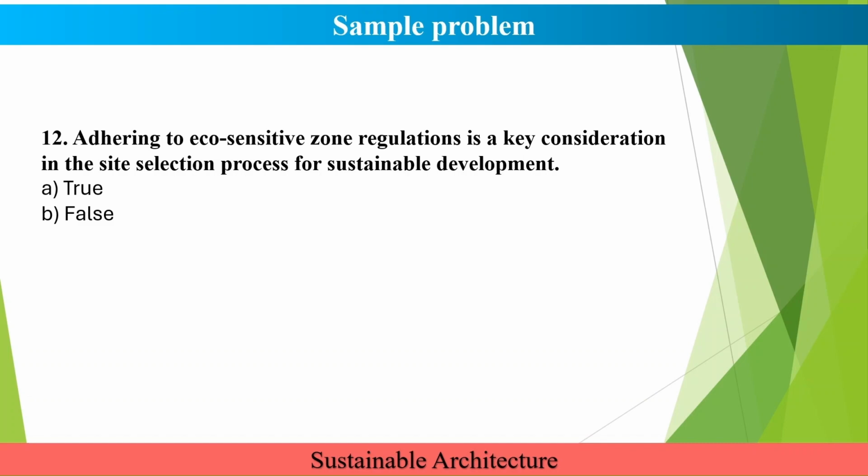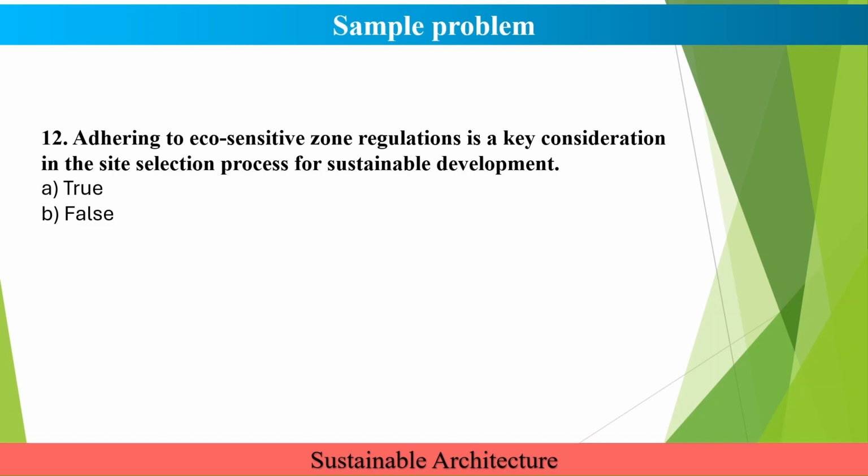Okay, so this is also everybody is mentioning the right answer, that is true. Whenever there will be eco-sensitive zone regulations, then you will be knowing that they are very crucial in site selection process. Why? Because they help to protect the vulnerable ecosystems and maintain the balance of natural resources, which is essential for sustainable development. That's why it is 110% true.